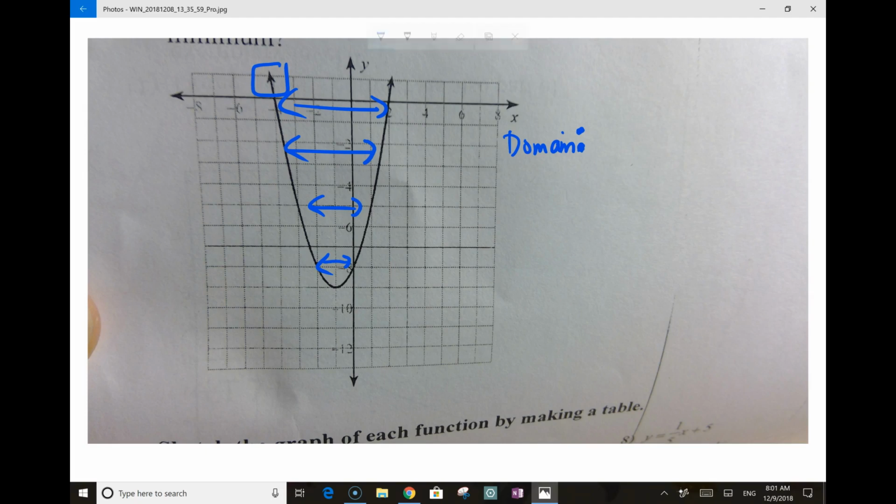Because these arrows indicate a direction toward infinity, this graph is going to continue to open up and get wider and wider as we go farther up. And because the width is going to increase to infinity, the domain goes from negative infinity all the way to positive infinity. In this case, we're not dealing with any particular idea, so we can just put x in the middle as the name of our axis.